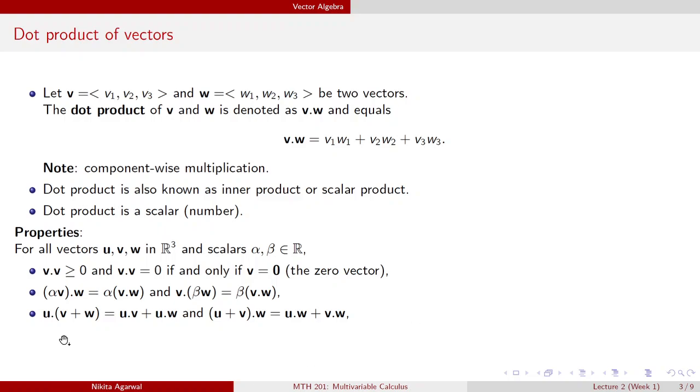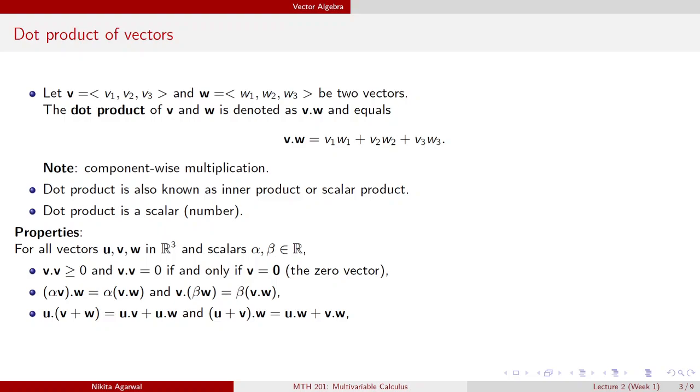Third, if you add two vectors and then take dot product with a third vector, then you can distribute the dot product. So U dot (V plus W) is same as U dot V plus U dot W. Similarly, if you add two vectors and take dot product with a third vector, you get the same thing. Okay.